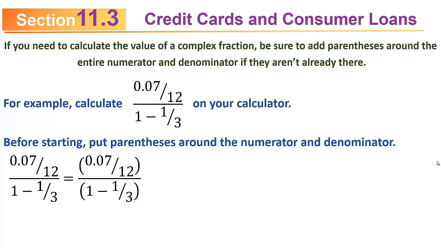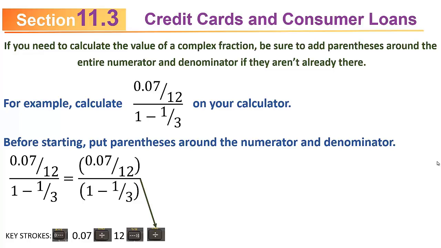So you start off, keystrokes: left paren, then 0.07 divided by 12, right paren. The horizontal fraction bar means division.